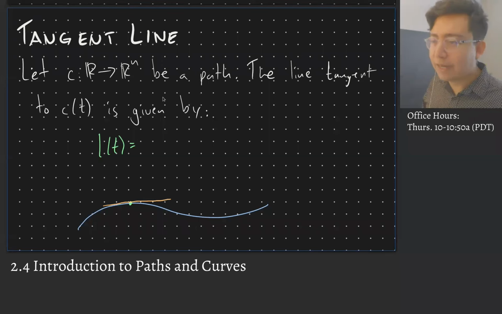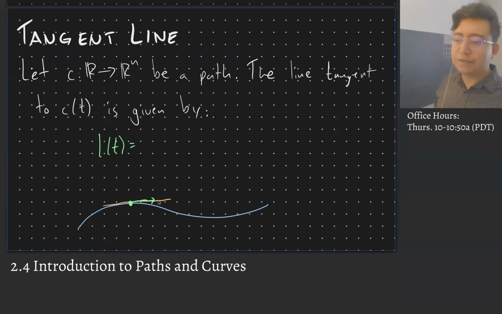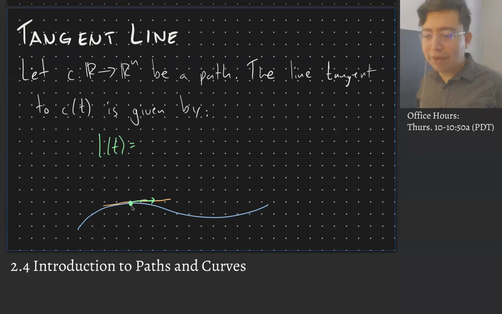And so the tangent vector is giving you the direction of the tangent line. And so if you remember how to cook up the equation for a line, right? Well, we have a point on that line. This point here is going to be on that line. And then you have the direction. It's given by the velocity vector that we just talked about.